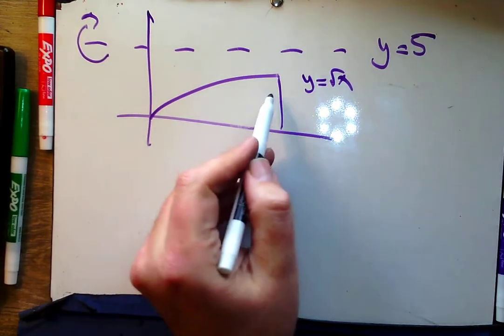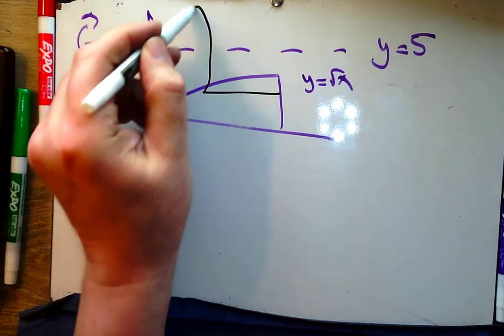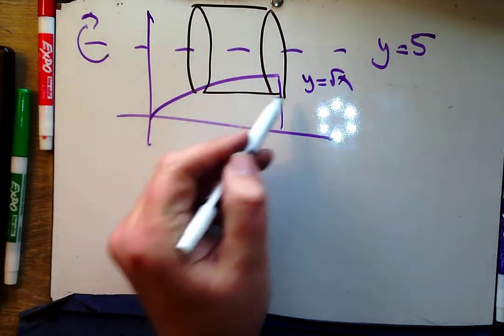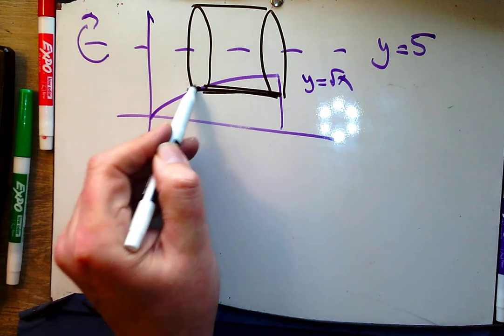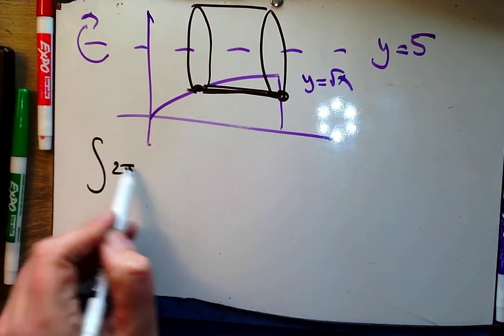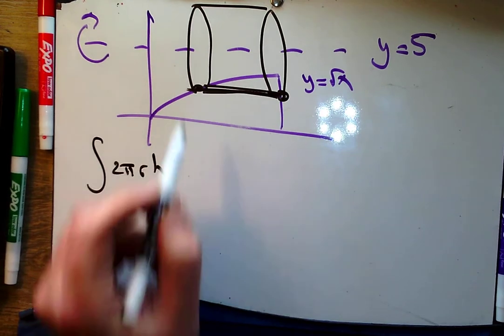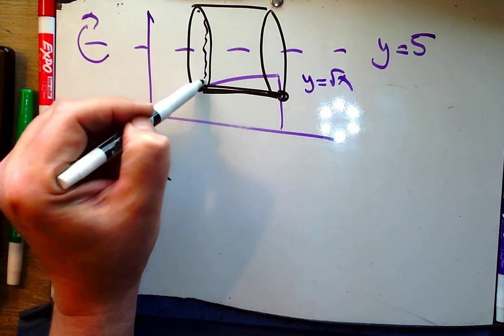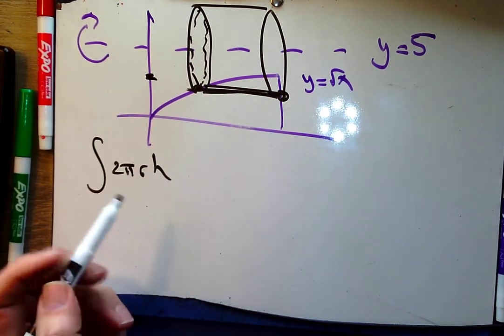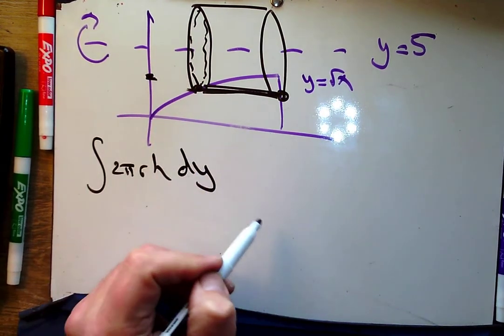Okay, draw something parallel to the axis of rotation. Make circles on either end of that segment that we drew. Okay. We're integrating 2 pi r h. The thickness of this is a vertical thickness, and so I know I have a dy.